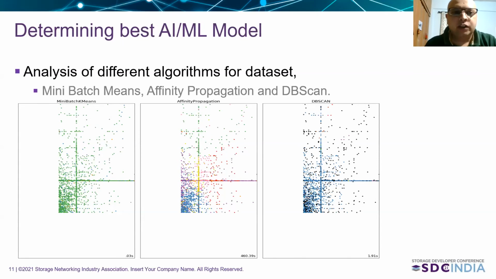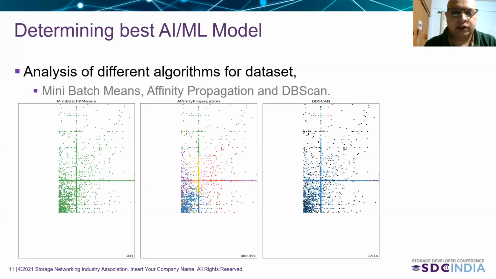Okay. Coming to determining the best AI/ML model, we tried different algorithms for the data set we had: mini batch means, affinity propagation, DBSCAN, and then K-prototype and K-modes.